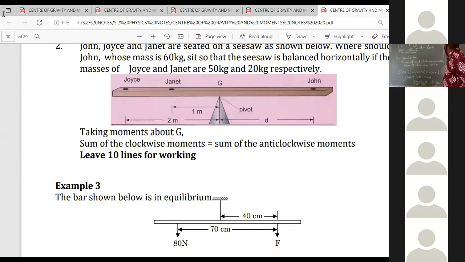Weight is a vector quantity. So this force cannot be given in terms of mass. It has to be in terms of the weight.